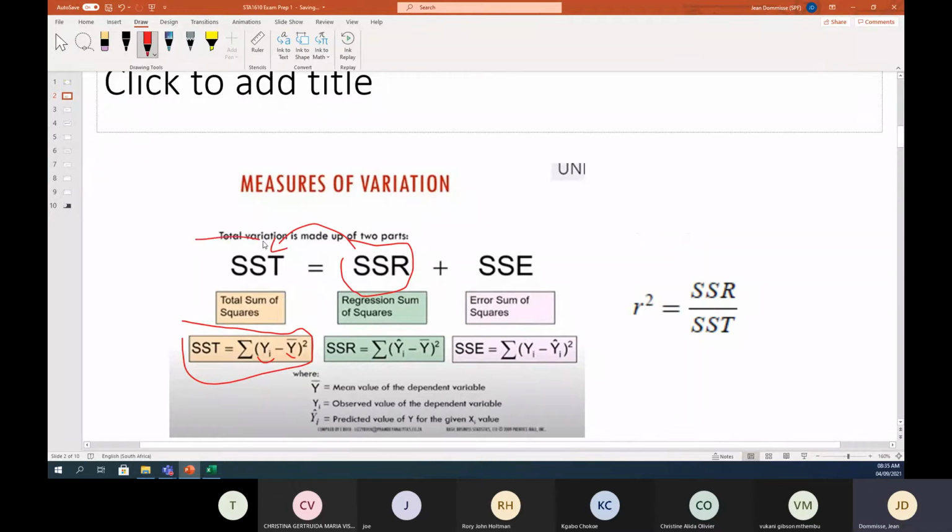So if you have calculated this, and if you have calculated this, you actually don't need to calculate that for R square. That is also to save time in the exam. Maybe you don't always need to complete all the formulas. But let me show you in Excel.